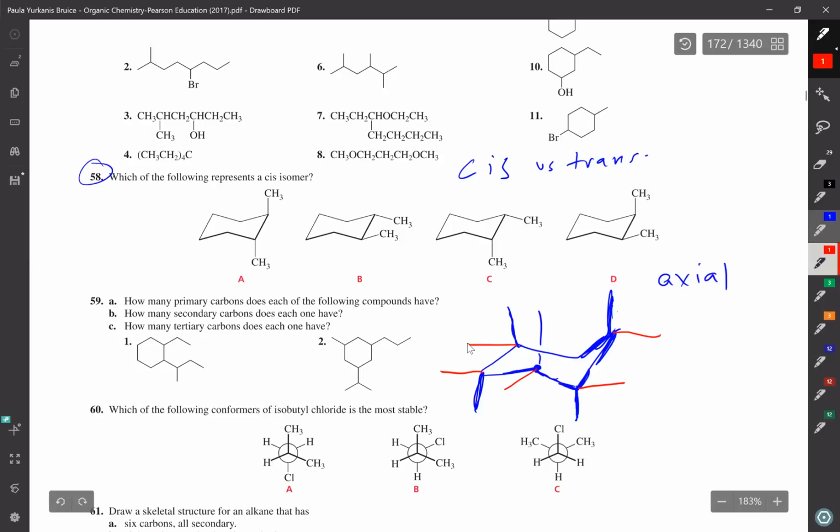Oh, sorry, I forgot to draw another axial bond here. And then there will be another equatorial bond that is pointing away from the ring. Now, the bonds that are shown in red are referred to as equatorial.